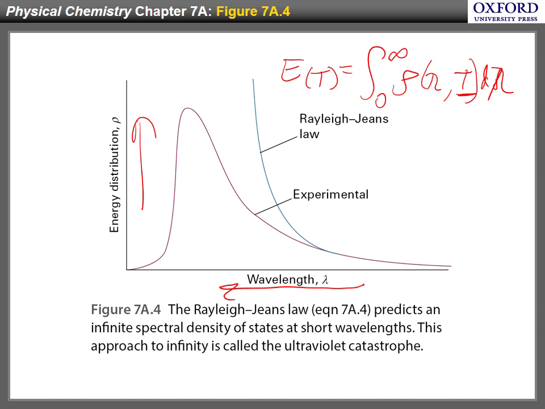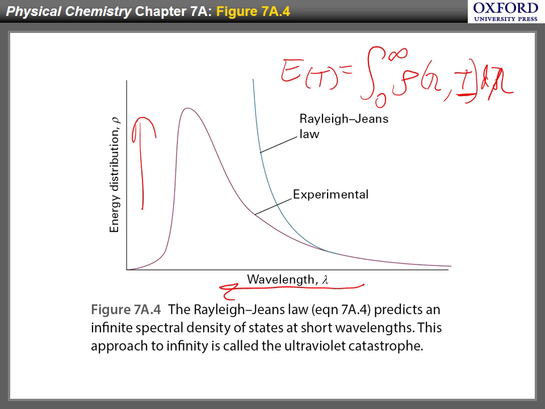And this absurdity, shall we say, is known as the ultraviolet catastrophe. Well, why is this a bad thing? Well, if you think about it, according to classical theories, physics, even cold objects should radiate in the visible and ultraviolet radiation.